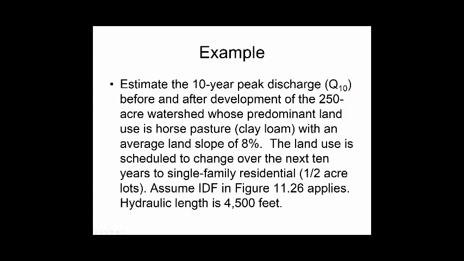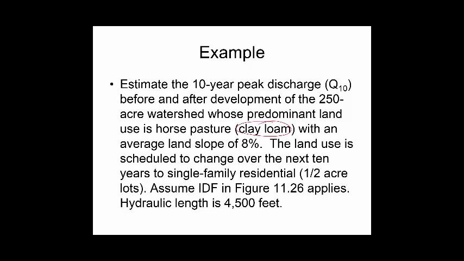Okay, so let's look at this example, and I think it's important to discuss this more thoroughly. For the 10-year peak discharge, you need to estimate before and after development for a 250-acre watershed whose predominant land use is horse pasture, and it's a clay loam mixture with an average land slope of 8%.